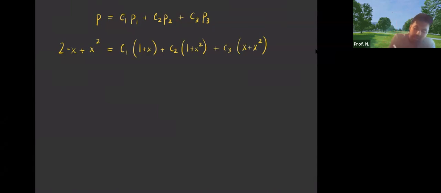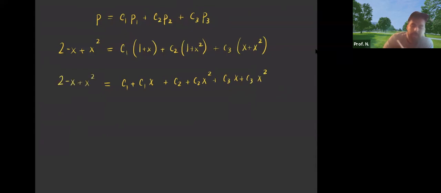The way to continue to get that matrix is to distribute the C1. This becomes C1 plus C1x plus C2 plus C2x squared plus C3x plus C3x squared, which equals 2 minus x plus x squared. We're going to combine like terms.